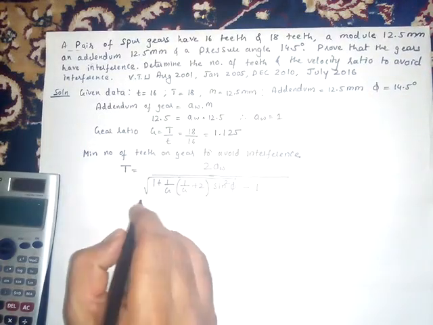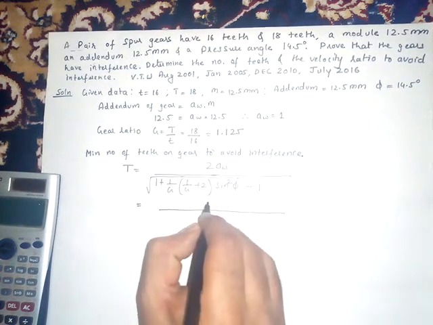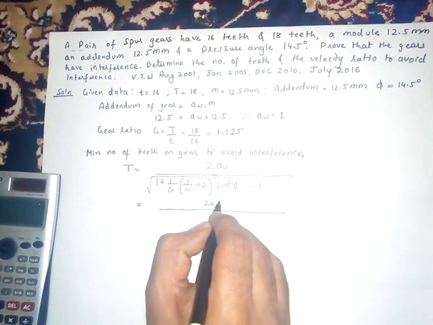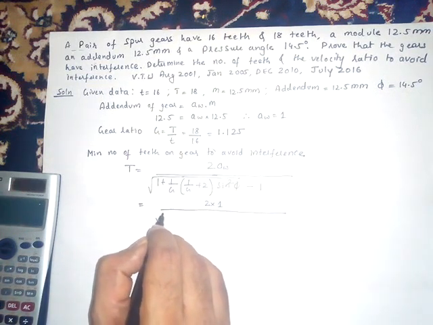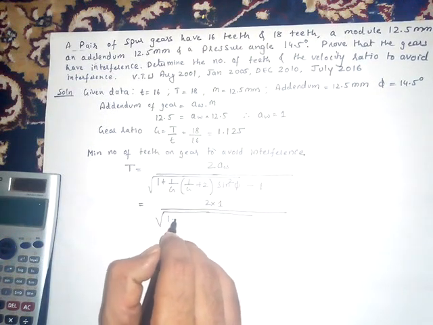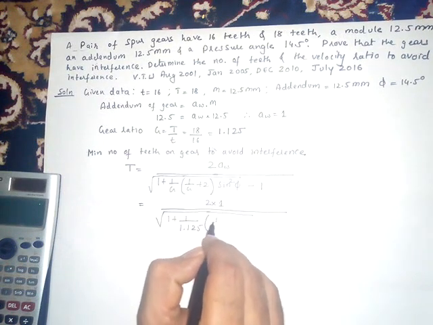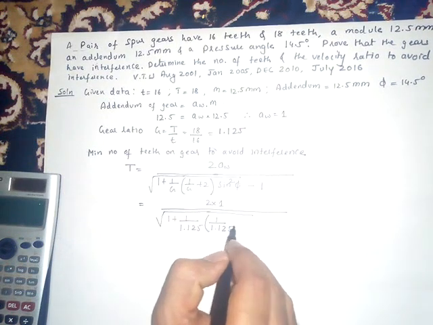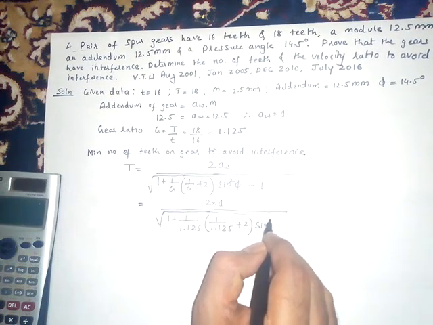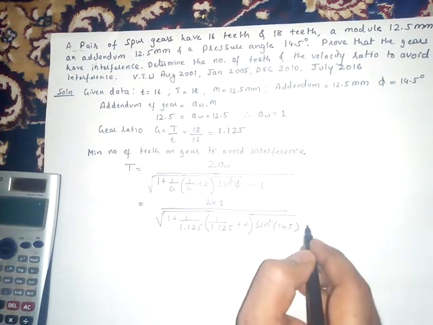So using these data we'll now find the value of T. Numerator is 2 into 1, divided by square root of 1 plus 1 by 1.125 into 1 by 1.125 plus 2 into sine square 14.5, minus 1.